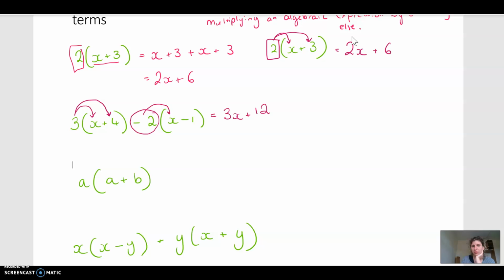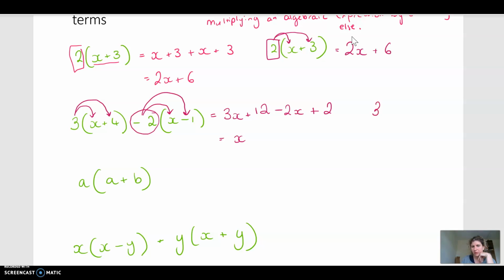So negative 2 times x is minus 2x. Negative 2 lots of x. Negative 2 times negative 1, we know that a negative times a negative is a positive, so that's going to be plus. And 2 times 1 is 2. We can then simplify. 3x minus 2x, well that's just going to be 1x. Remembering that we don't ever write the 1 in algebra, we just put x.